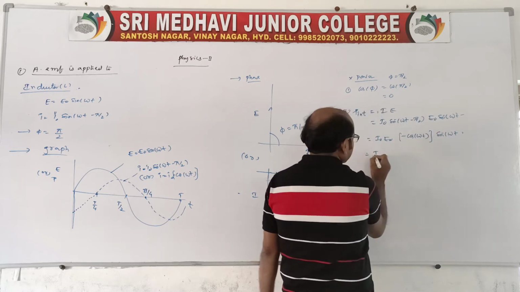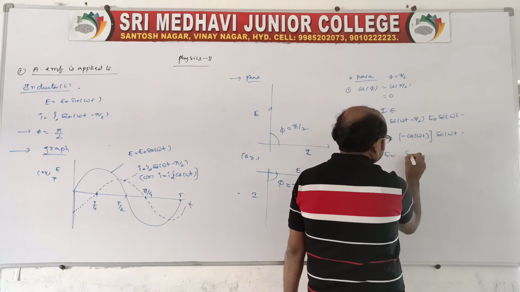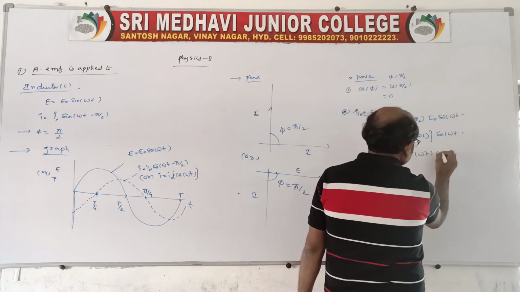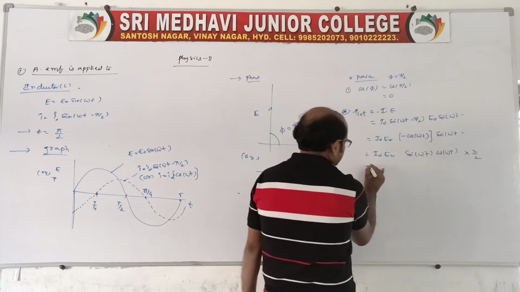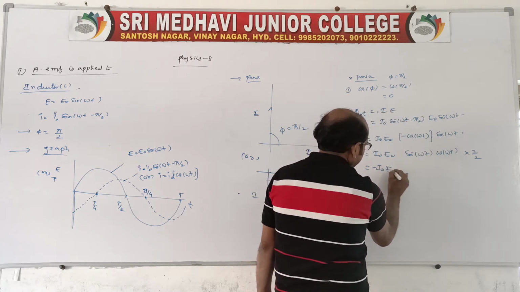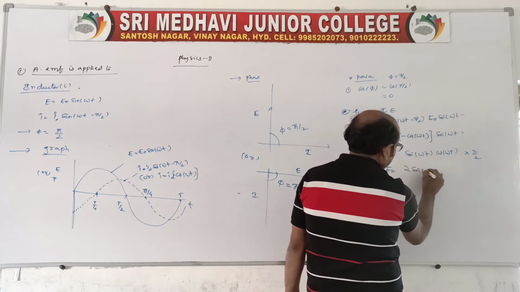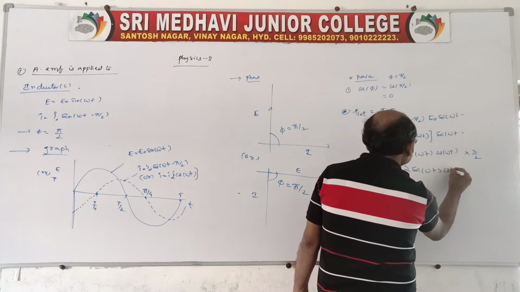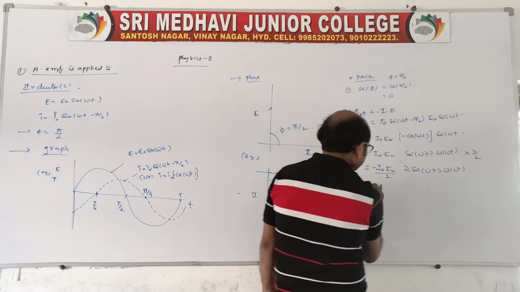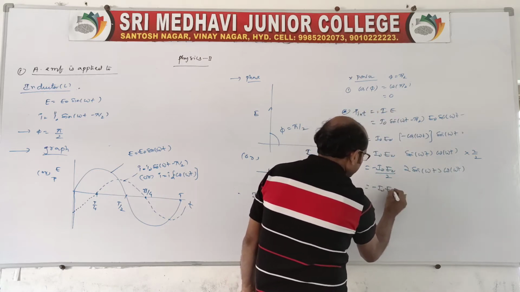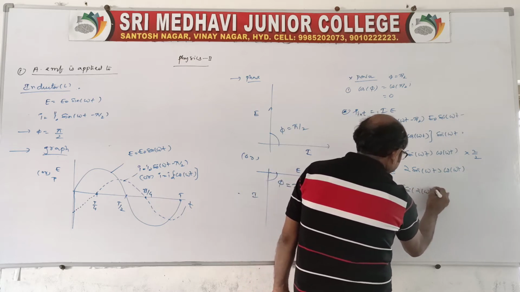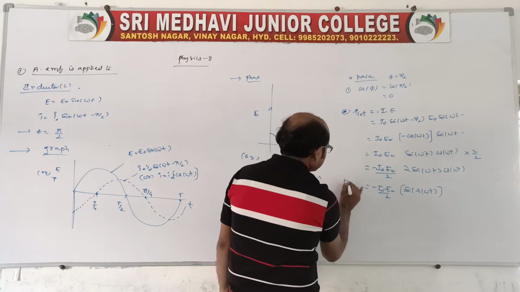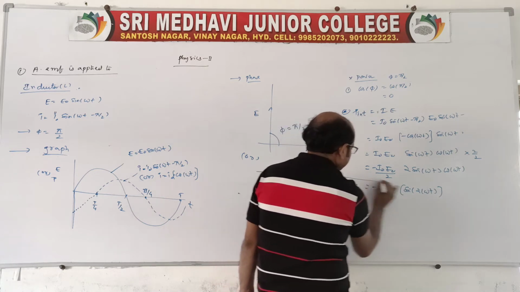Therefore minus I naught E naught sin omega t cos omega t. Better do it like this: multiply and divide by 2. So minus I naught E naught by 2 times 2 sin omega t cos omega t, which is sin 2 omega t. This is the instantaneous power.